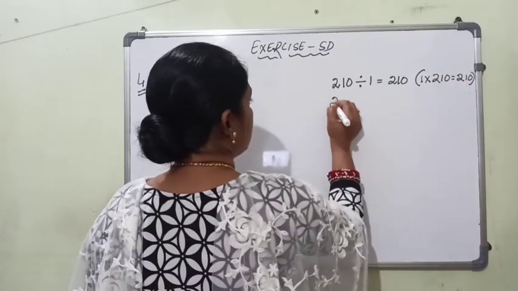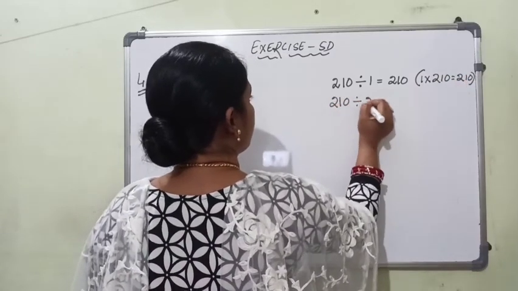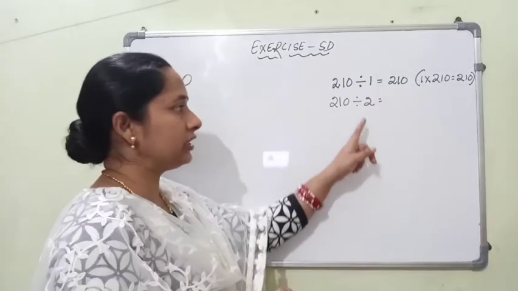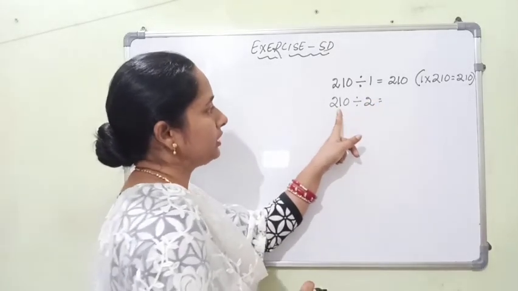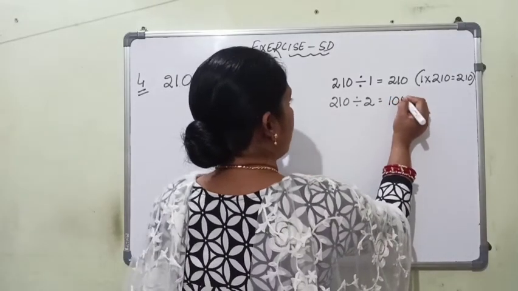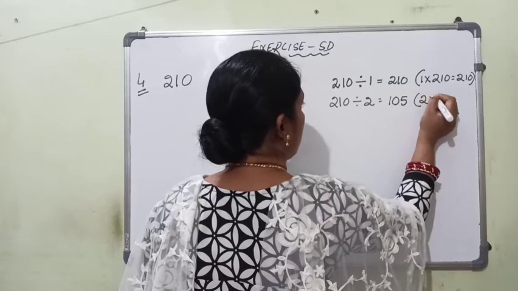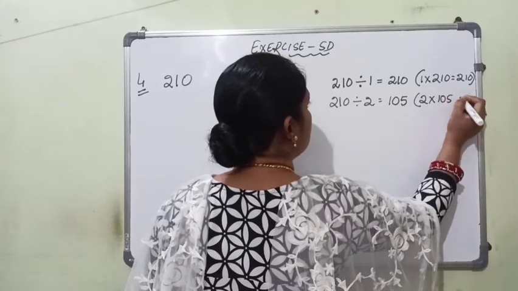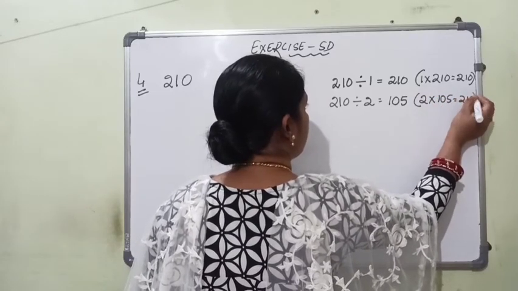Then you divide it by 2. Do the short division here. 2 how many times will it go? 2 1s are 2, 0, and 5. So here we got 2 and 105 as a factor pair of 210.